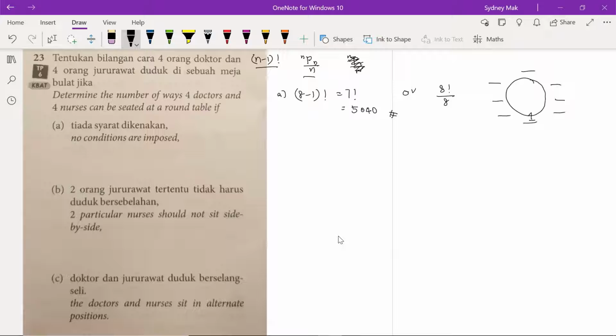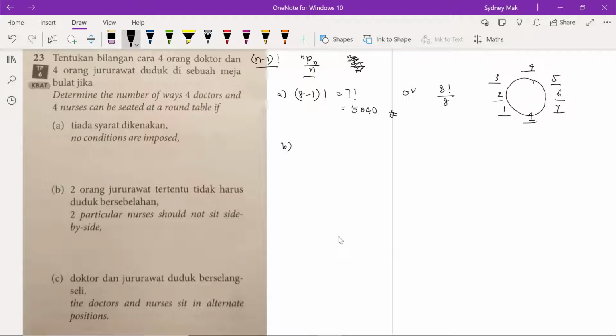Because the right side, the left side, the front are all empty chairs. Therefore, no difference, whichever seat he chooses. And once the first person has chosen the seat, the rest will just go in accordingly. So we're left with 7 people. So 7 choices, 6, 5, 4, 3, 2, 1. So you can do it this way. Okay, so that's part A.